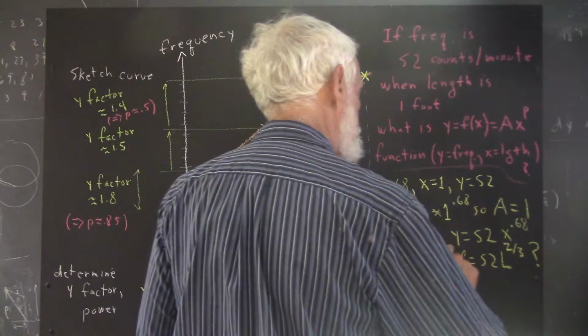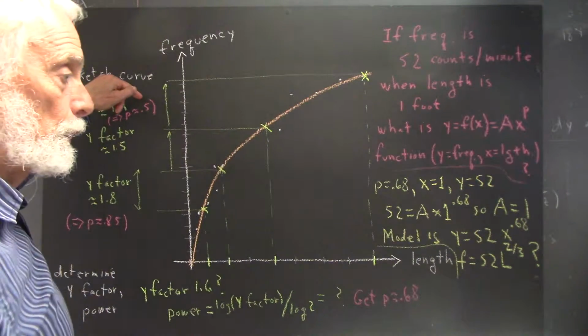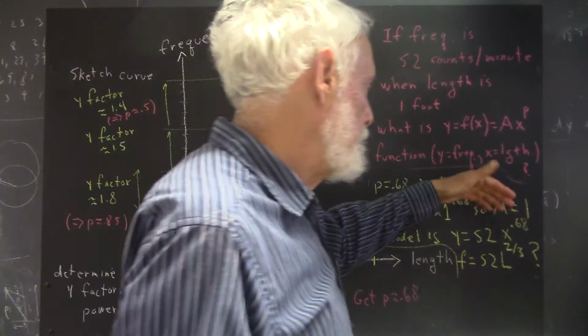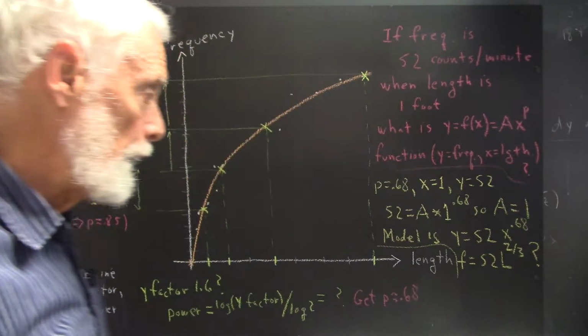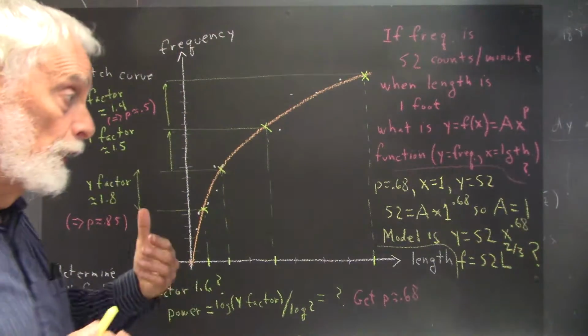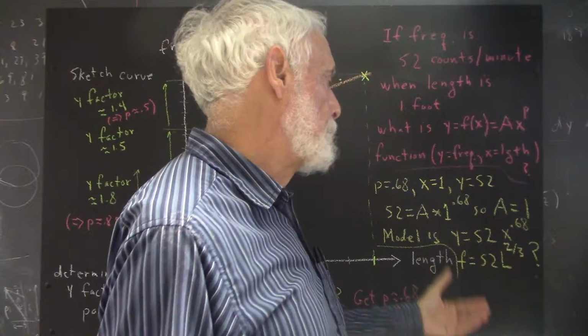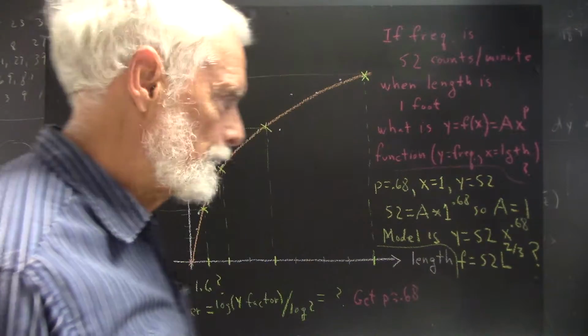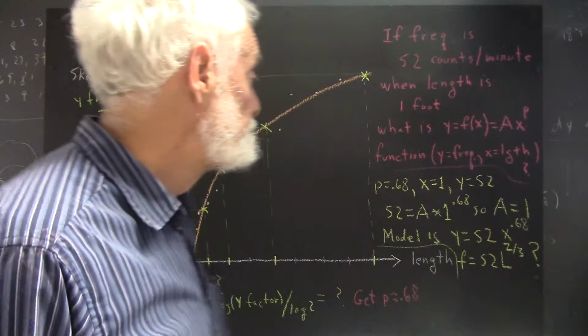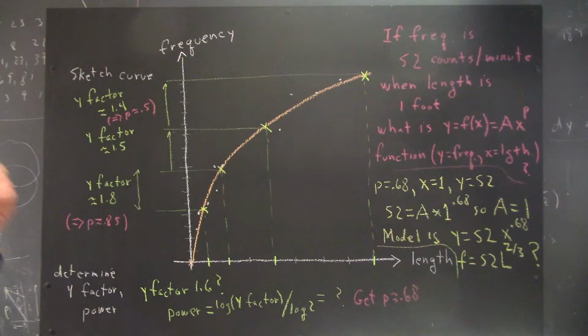And if you use a number closer to 0.5, could it really be that it's L to the 0.5, or the 1/2 power, meaning the square root of L? The 2/3 power would be the square root of the cube of L, or the cube root of the square of L.